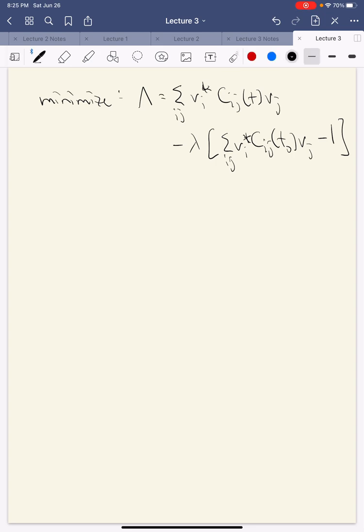And when you do this, in order to minimize this, we're going to differentiate with respect to our v's, because that's the thing that we want to vary. And that's pretty simple to do. And so in the end, what you get is the following.